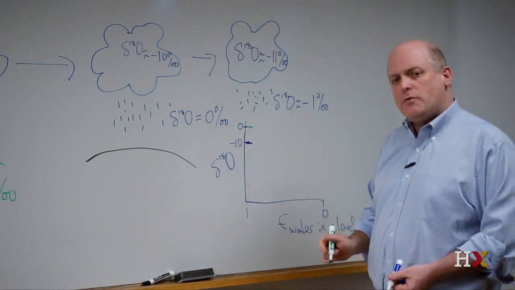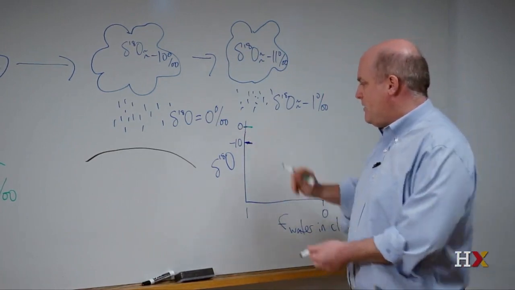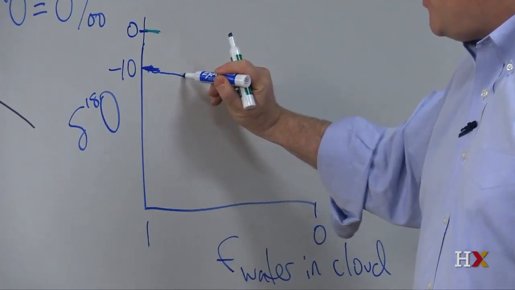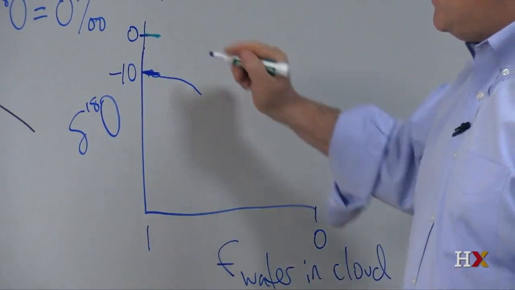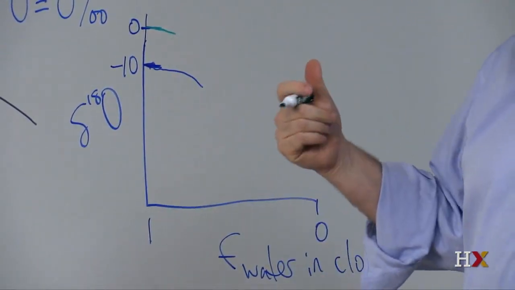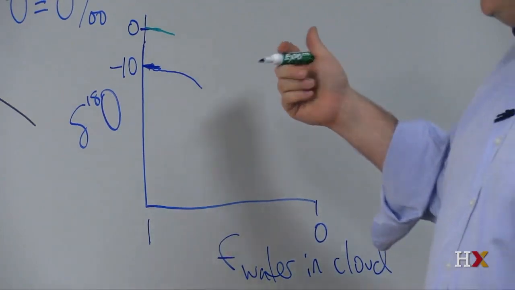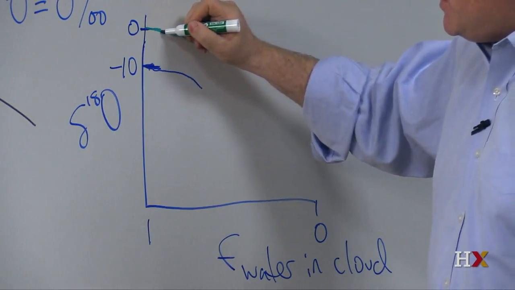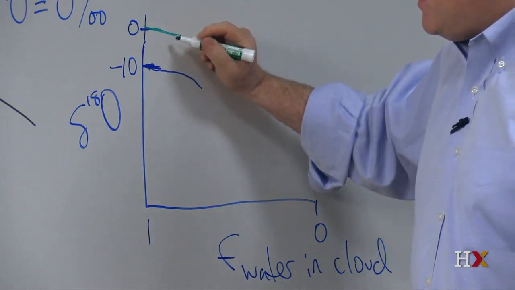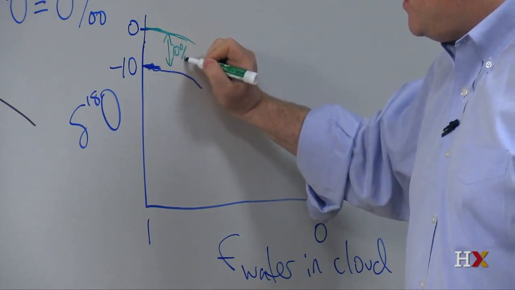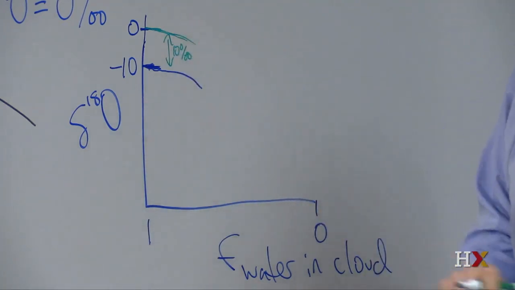As the rain falls, as we said, the delta O18 of the cloud is going to become slightly more depleted, and the rain is always going to be about 10 parts per thousand, or 10 per mil, enriched relative to that water vapor in the cloud. And so there's always going to be about a 10 per mil difference between these two lines.